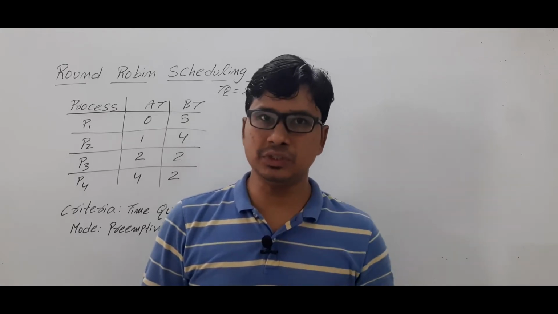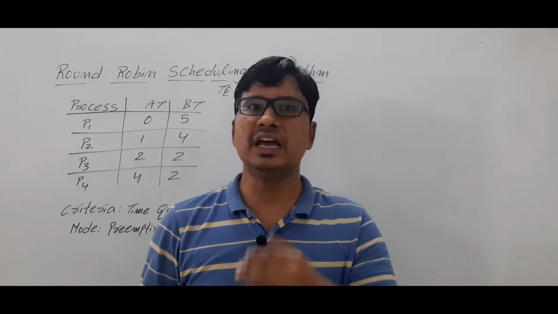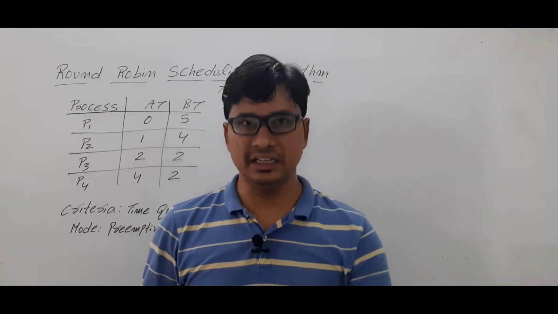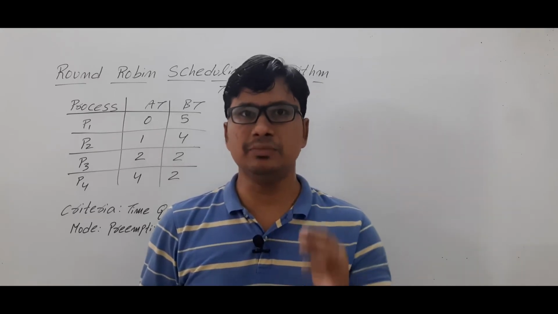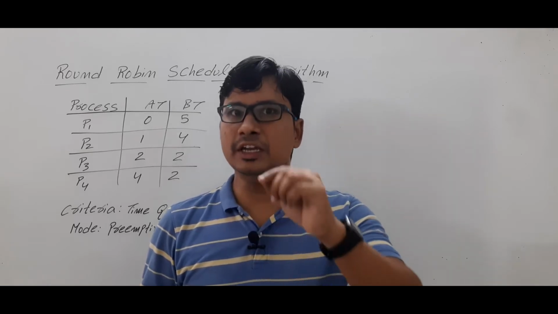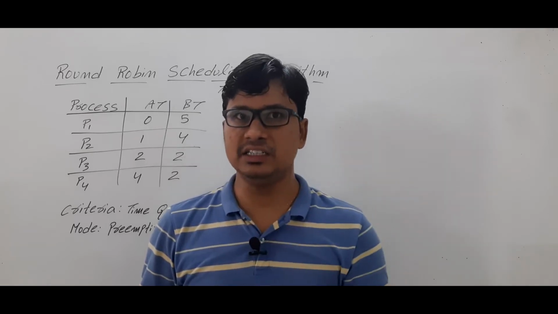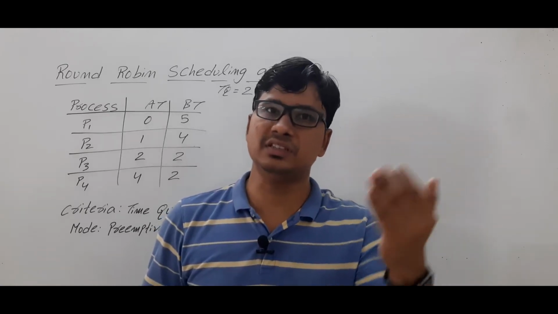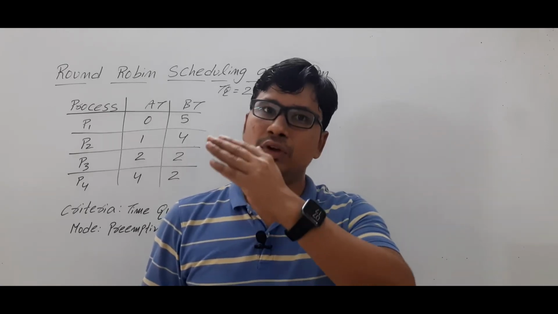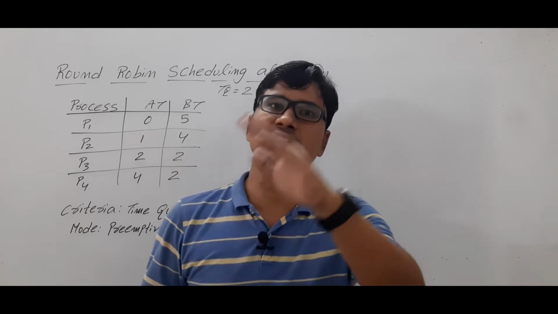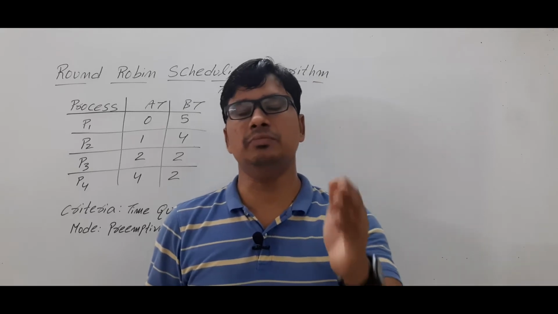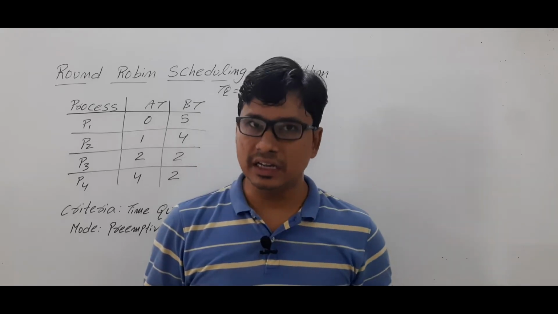Whereas in the preemptive scheduling algorithm, if a process has entered into the running state based on the criteria, say burst time is the criteria, and the process in the running state has a higher burst time as compared to a process in the ready state, then we will remove that process from the running state and keep it in the ready state. The process which has the lesser burst time in the ready state will be kept in the running state.